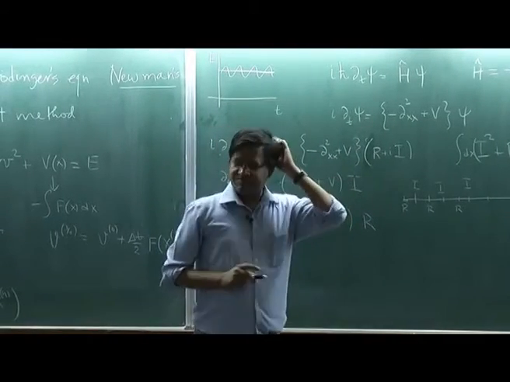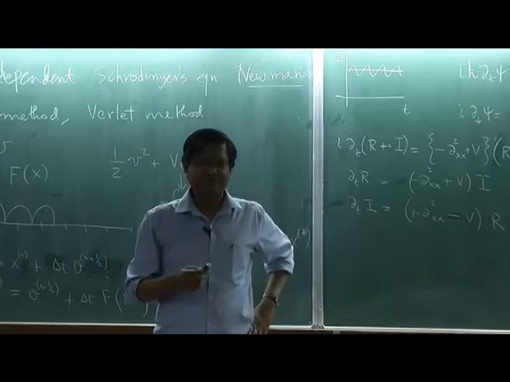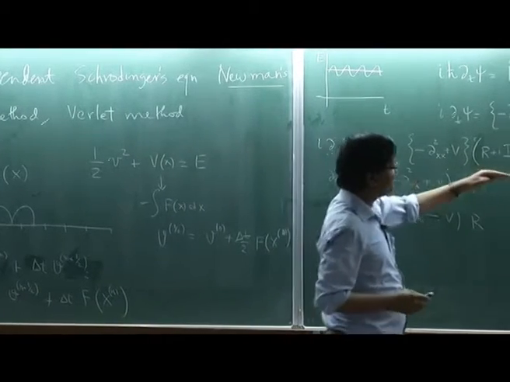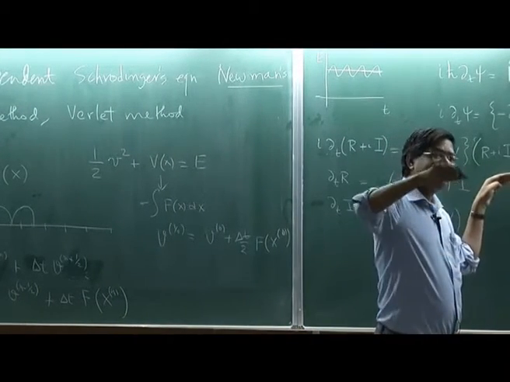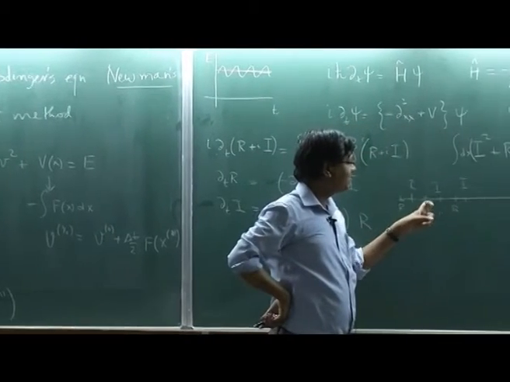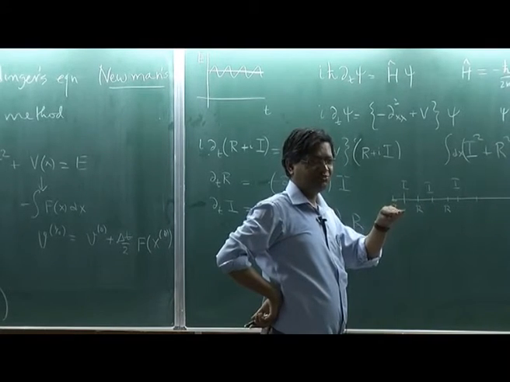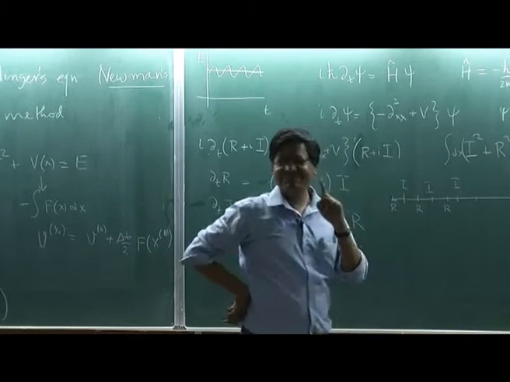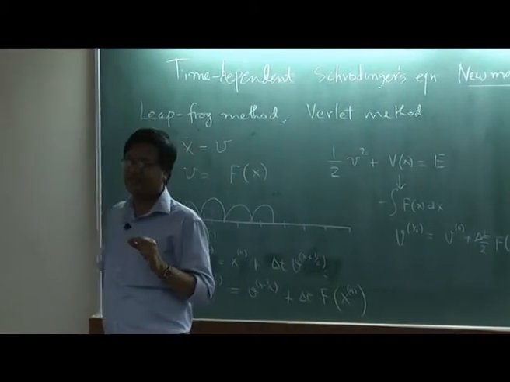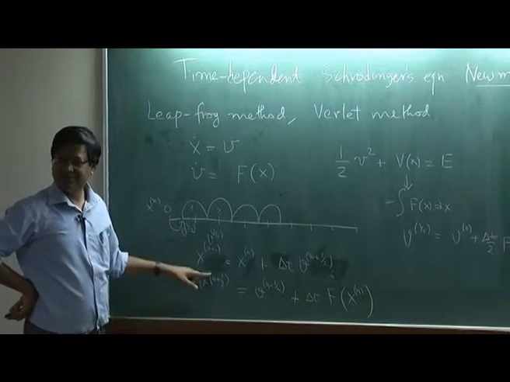This is a function of time. So I am going to time step the imaginary part only at the half time intervals, but the real part will be time stepped at the full intervals. So let me write this. Now please remember there are two indices, one for space, one for time, and in time I advance like that.